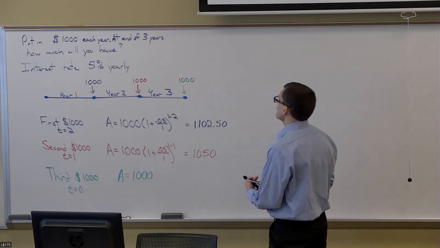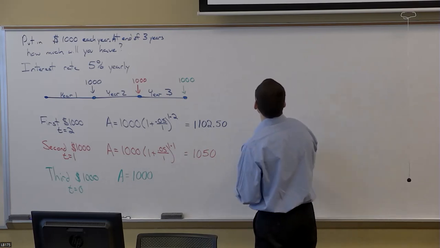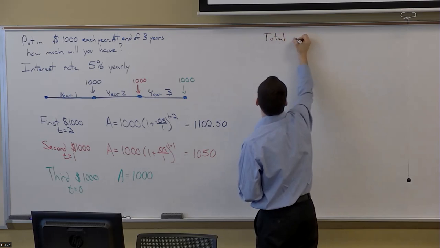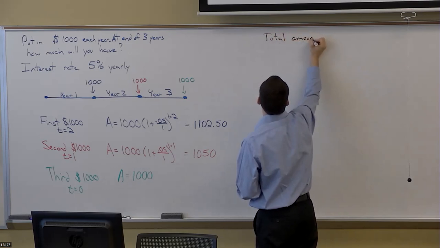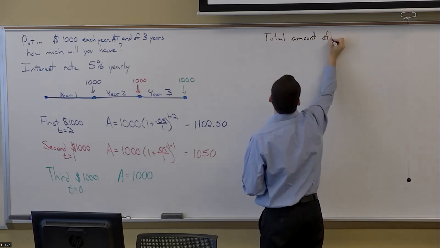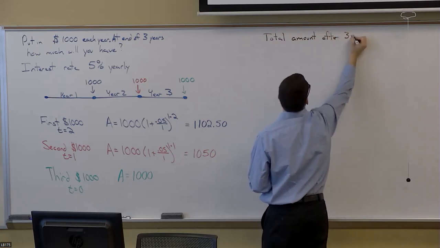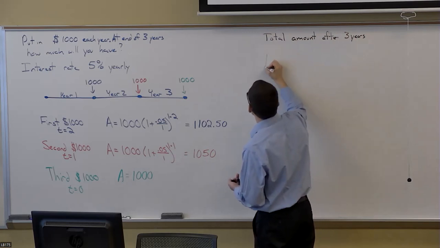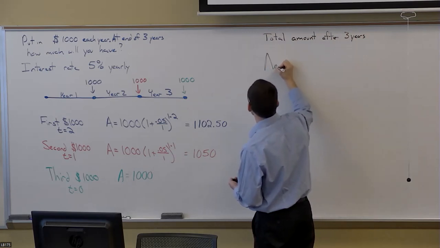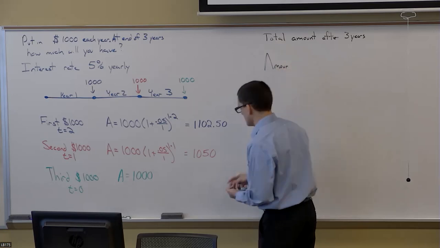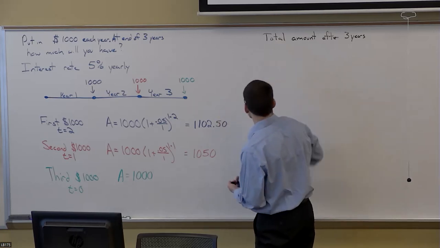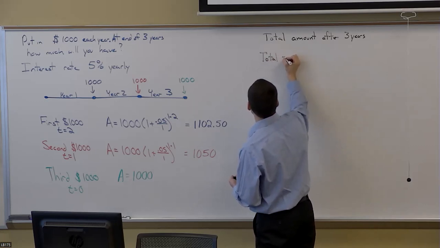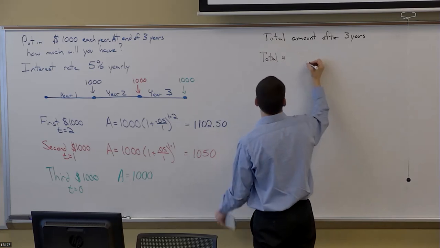So if I look at the total amount after 3 years, actually, let me just write total equals, that's gonna be easier, is a sum of those 3 values.